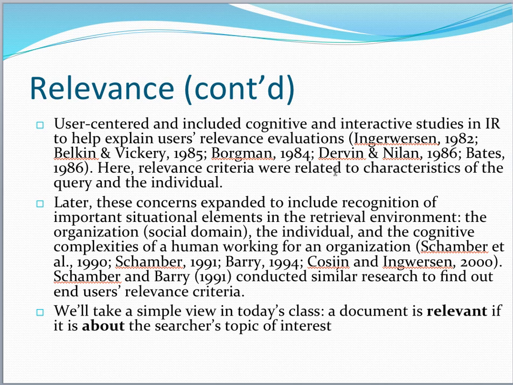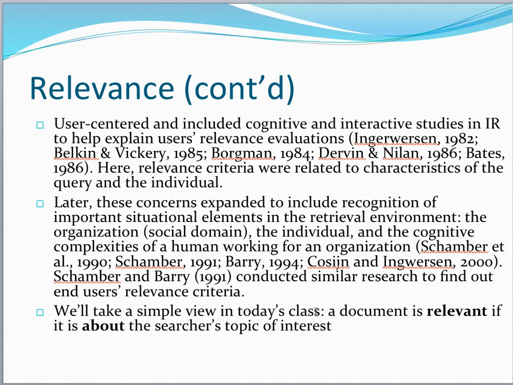To me, these are more relevant, and let me say that word, to us library scientists or librarians. Later, this concern expanded to include recognition of important situational elements in the retrieval environment: the organization, social domain, the individual, and the cognitive complexity of a human working for an organization. And we have here more studies. This is for your knowledge here.